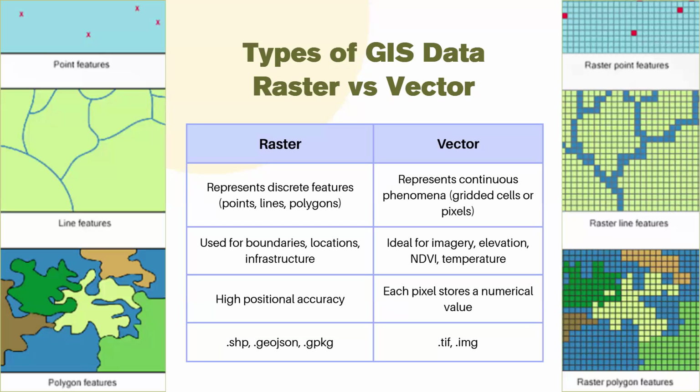Vector means discrete data, points, lines, and polygons. Vector means you are creating. Raster means it is captured by remote sensing, satellite data. Even drone images will also come under raster data. Clear in that? Sorry, I will change it.